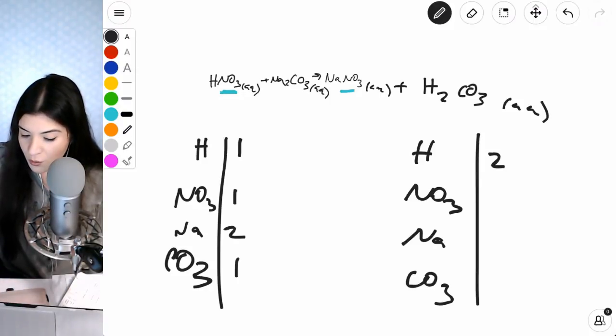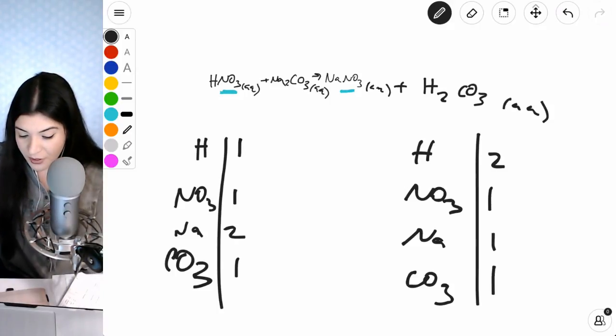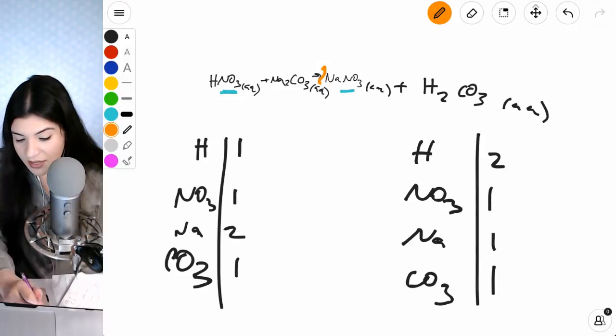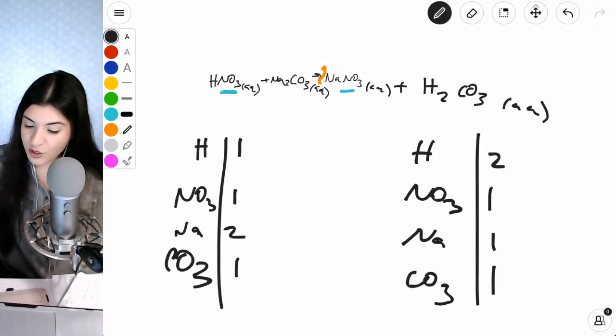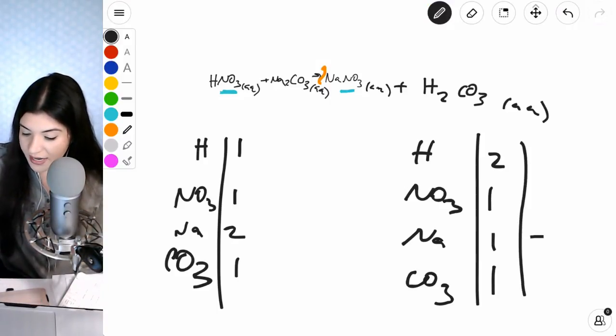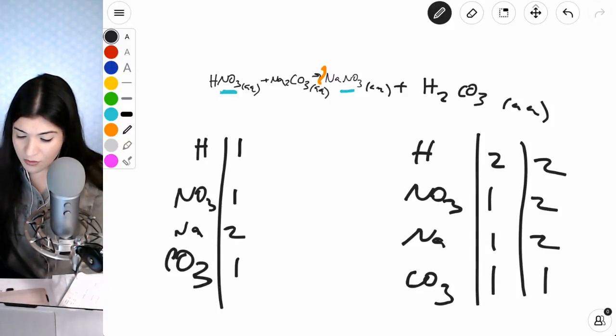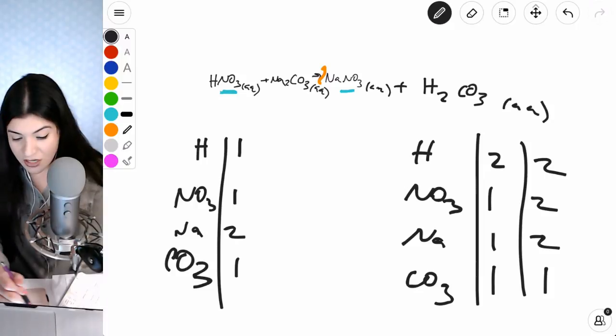On the other side, there's 2 hydrogens, 1 NO3, 1 Na, and 1 CO3. So balancing this out, let's start off with trying to balance out the Nas. I'll put a 2 in front, and think of that as distributing. So now we actually have 2 Nas and 2 NO3s, nothing else changed here. Now I have to balance out the NO3s and the hydrogen.